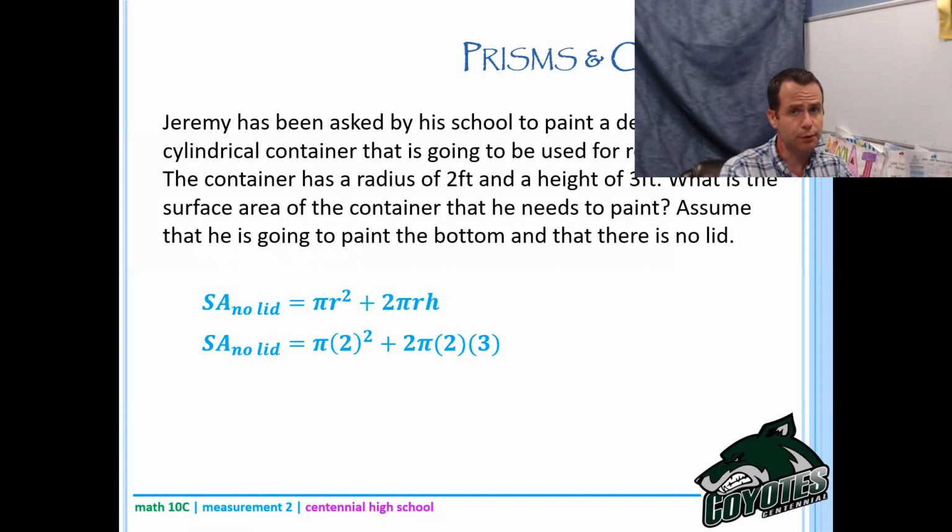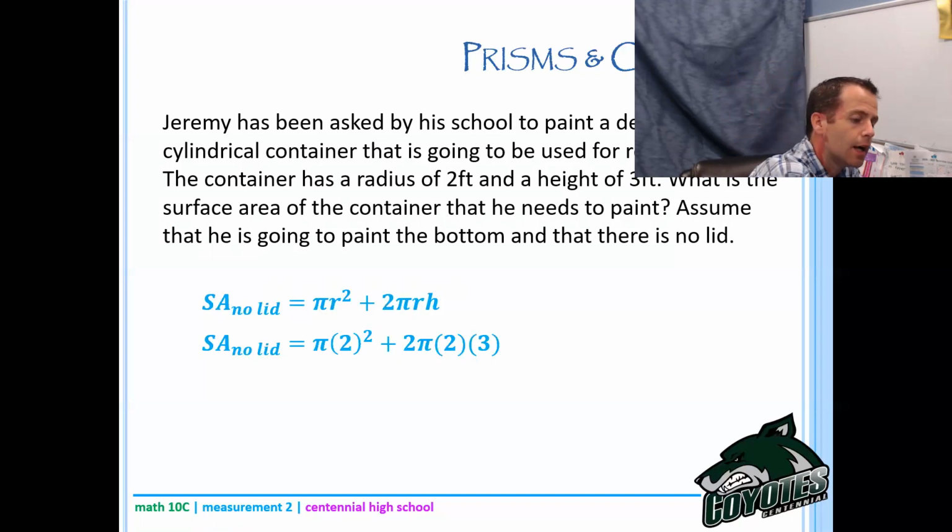Pi is not 3.14, pi is the pi button. 3.14 is a horribly rounded version of pi, and if you use 3.14, it will throw your entire answer off, and you will get marked down for rounding error. Make sure you're using the pi button when you're doing this, okay? On a Casio, the pi button is your second function of your times 10 to the x button, which is on the bottom row.